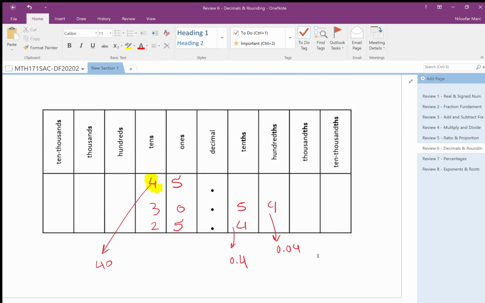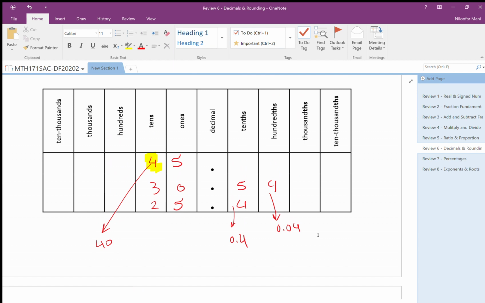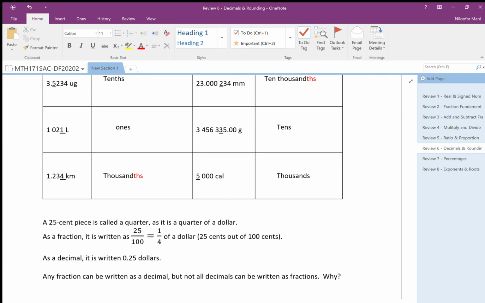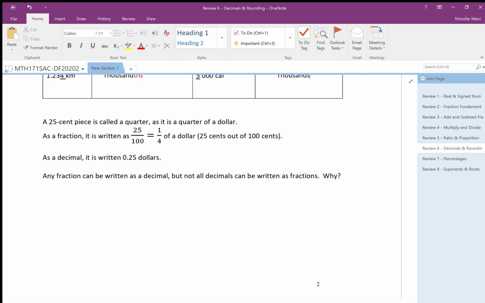So you can see each digit can have a different meaning, even in a word problem. You can write those, and then you can check this one here. A 25 cents piece is called a quarter. Of course, if I have 25 cents, that's a quarter of a dollar. Quarter means divided by 4.